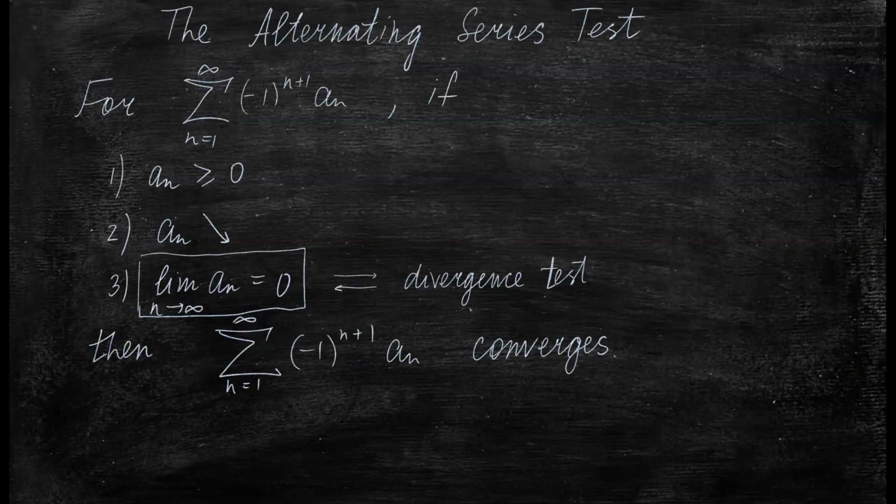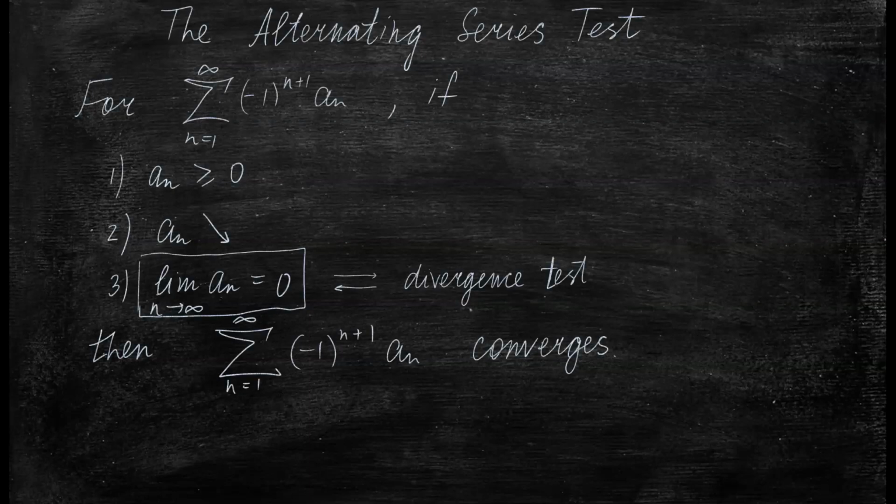However, if that limit is equal to 0, then in addition to this, you also have to verify the other two conditions, and that will be enough. Remember, in general, that's not enough, but in case of alternating series, that will be enough to conclude that the alternating series converges.